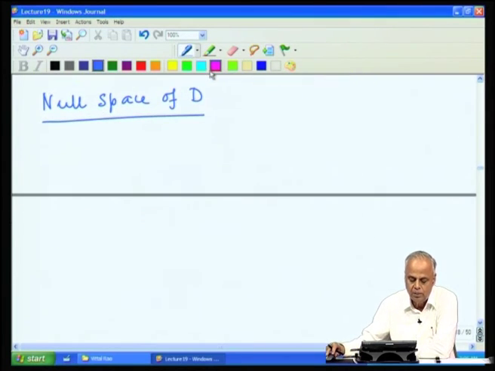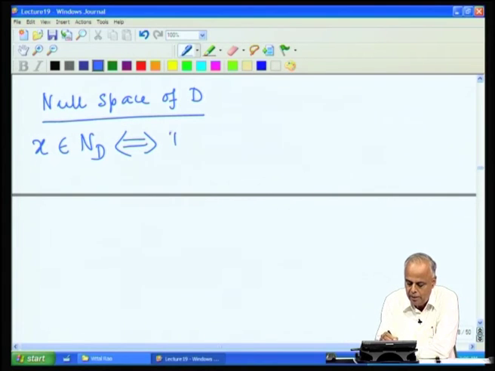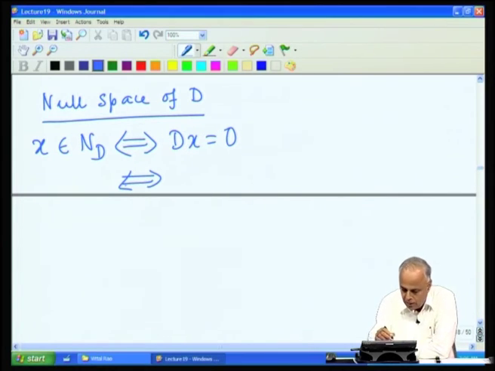So, x belongs to the null space of D if and only if Dx is the 0 polynomial, that is, if and only if, let us use the notation p because we have polynomials, Dp equal to 0.